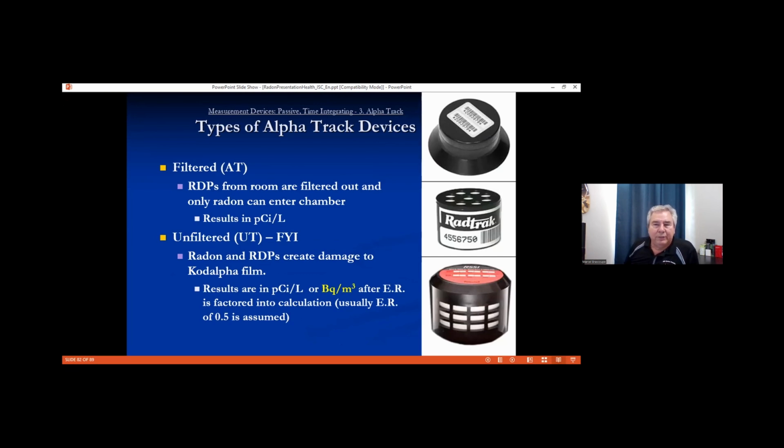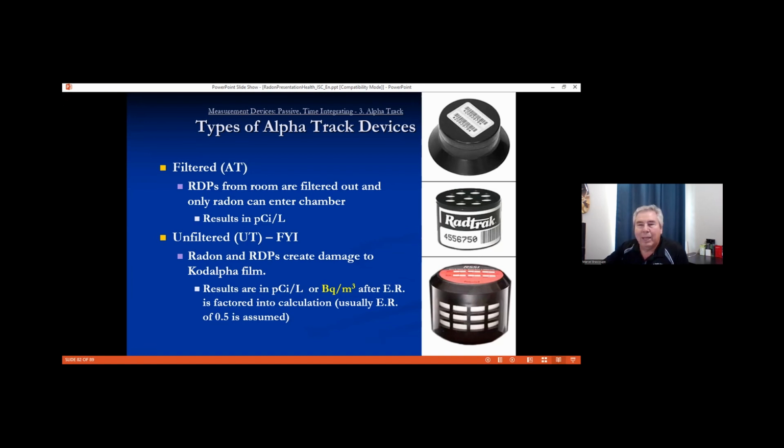Those are the long-term devices. And the most common ones that are used nowadays are the alpha track devices. We've seen these previously. What's in these devices is simply a piece of plastic. You set it out for 3 months. At the end of 3 months, you put it in a Ziploc bag and send it to the laboratory.